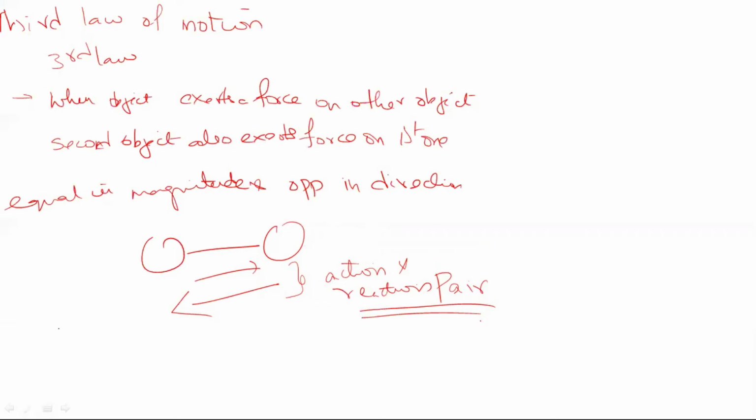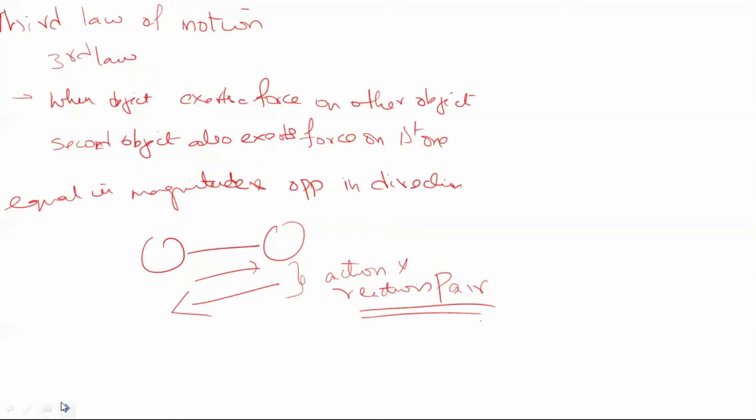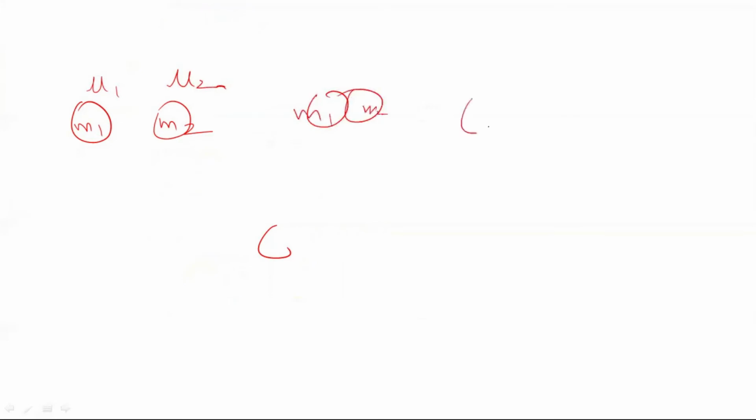Conservation of momentum. You can see the picture below wherein M1 and M2 collide. Before collision of these two masses, the initial velocities are u1 and u2.